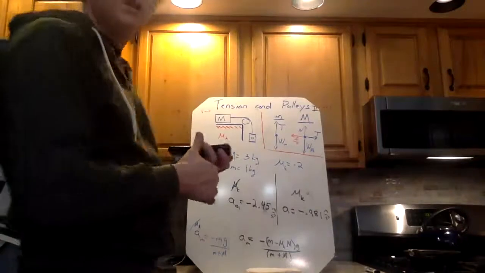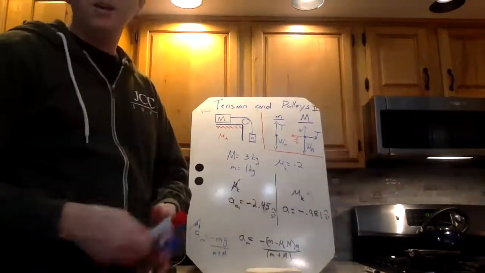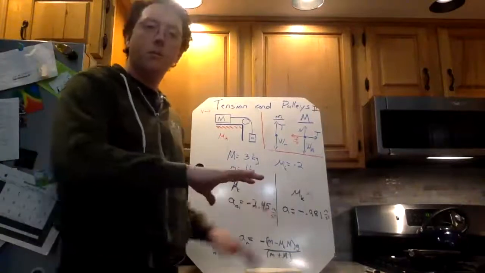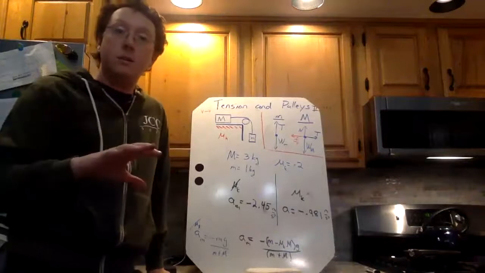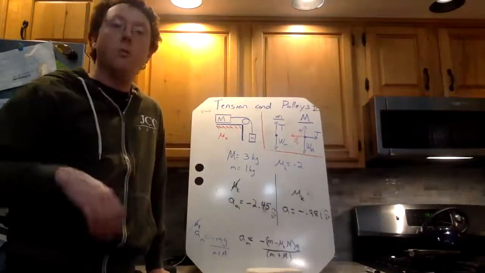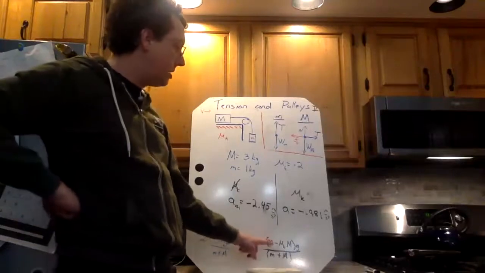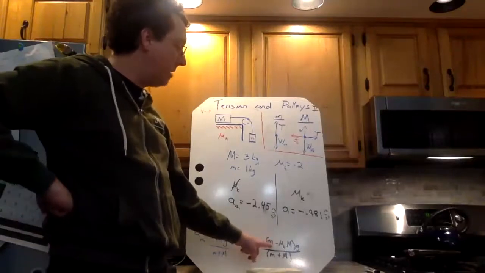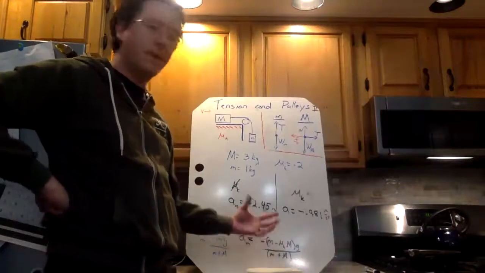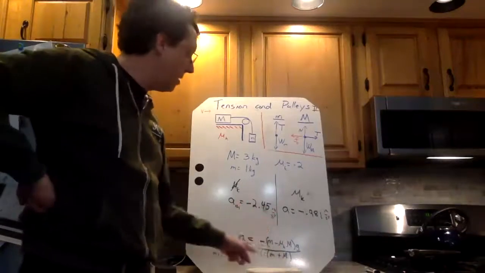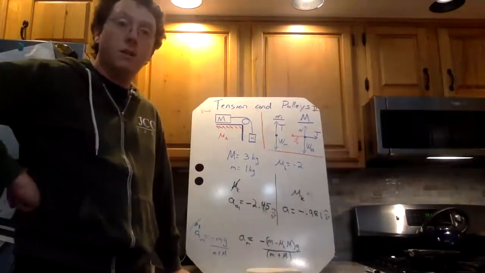Notice there's an interesting thing, and actually you guys saw this in lab way back when we were trying to set up motion where something would slide at a constant velocity, or when the acceleration would be 0. Notice if you adjust things so that the small mass minus the friction coefficient times the large mass equals 0, the acceleration in this situation would have been 0, and it would travel at a constant velocity.